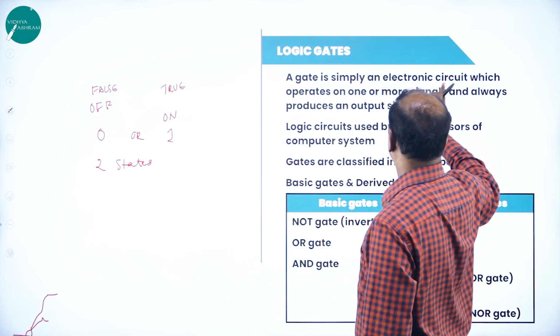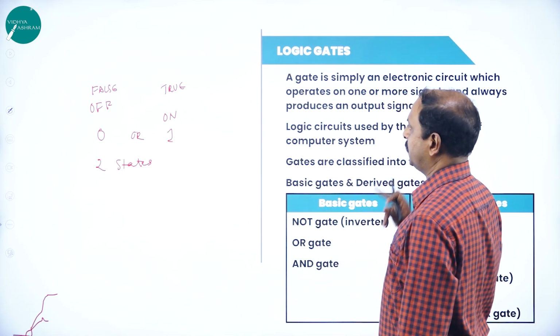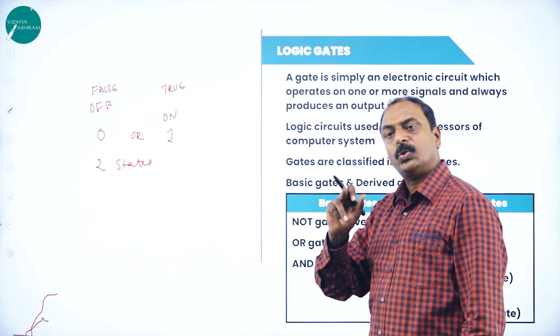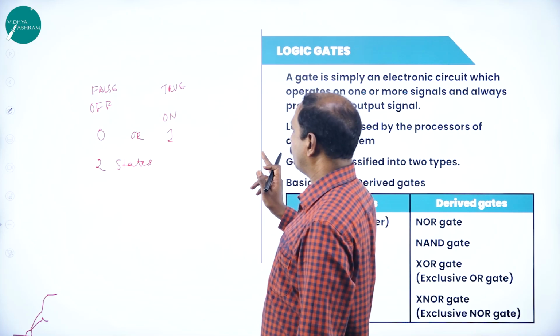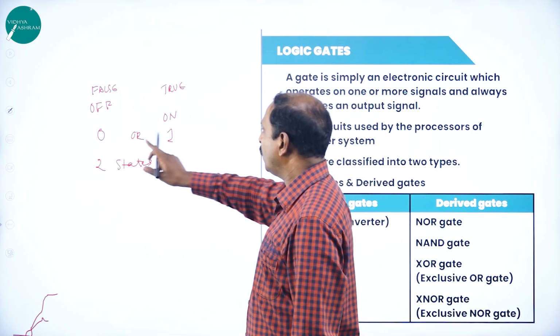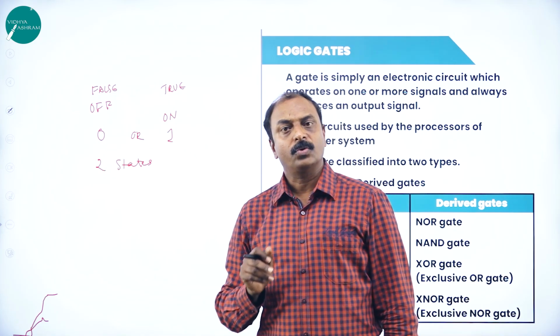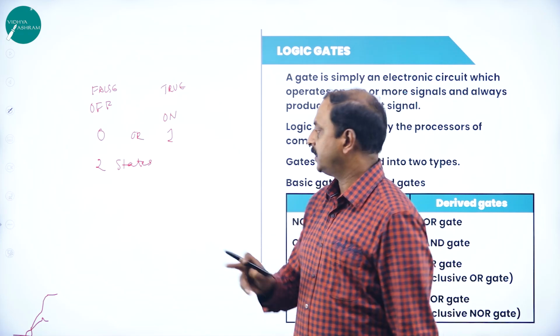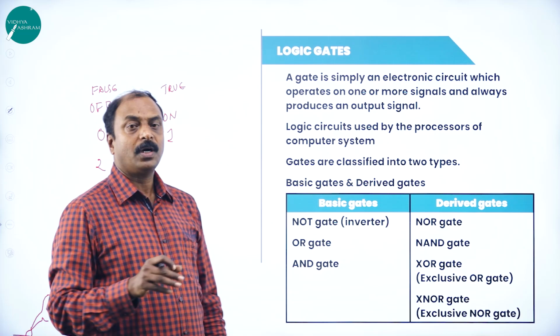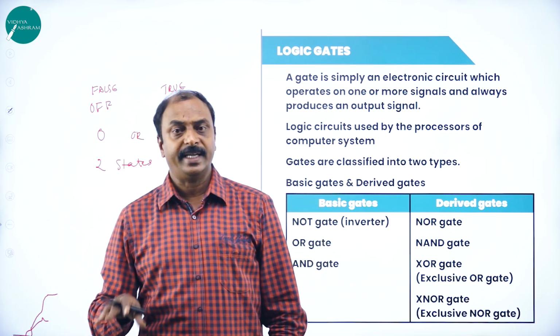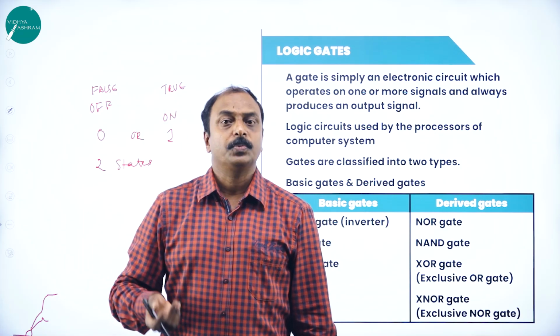So what is the meaning of the signals here? These electronic circuits or digital circuits accept two or more input signals. All signals are in the form of either 0 or 1, and there are only two states. These types of circuits are present inside ICs or microprocessors.